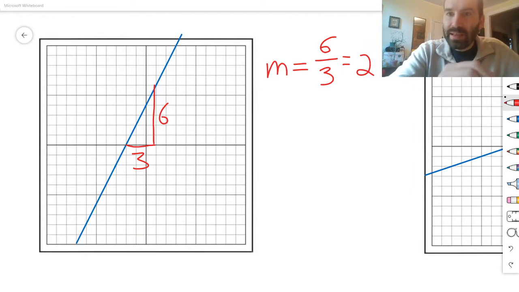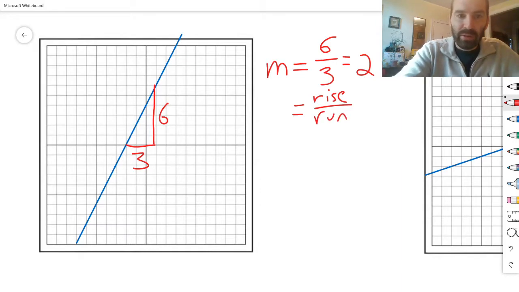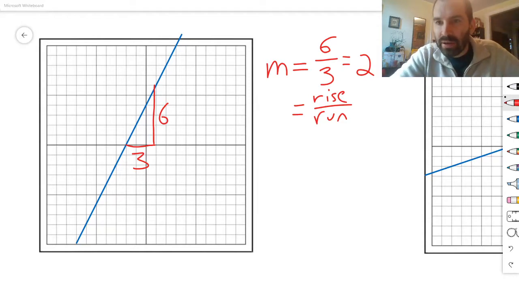So the slope is the rise divided by the run, the rise being the vertical piece and the run being the horizontal piece.